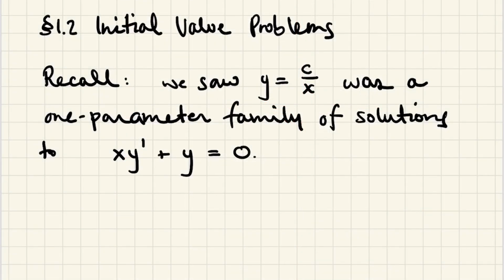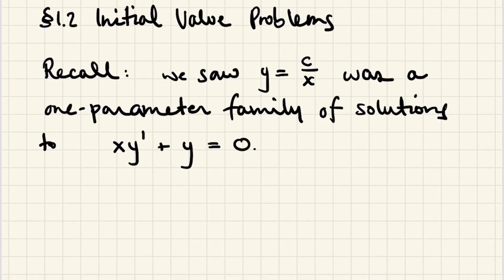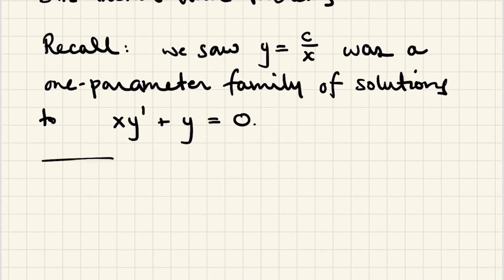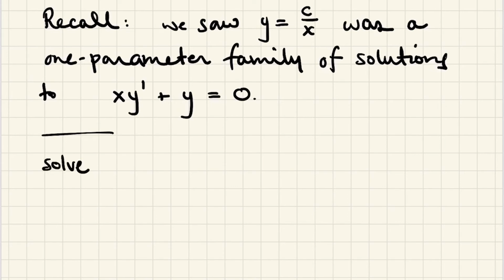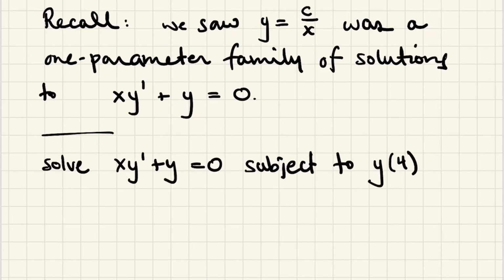So let's kind of work out analytically what we just did. What we just did was we solved something called an initial value problem. All right. When we were playing with Desmos, we wanted to solve that differential equation subject to the condition y of 4 equals 3. Right?